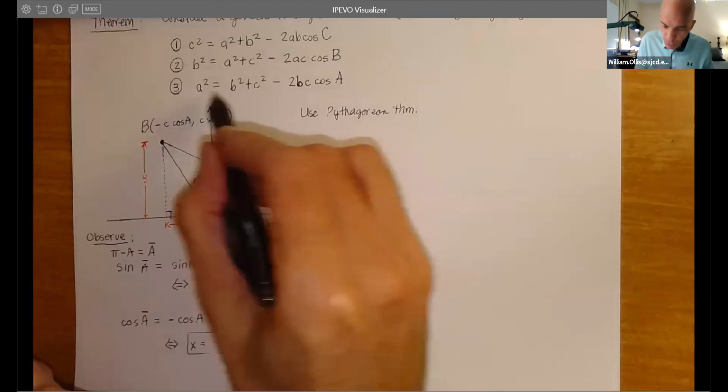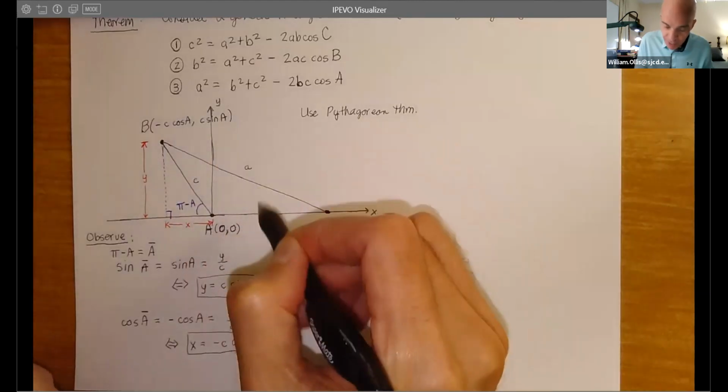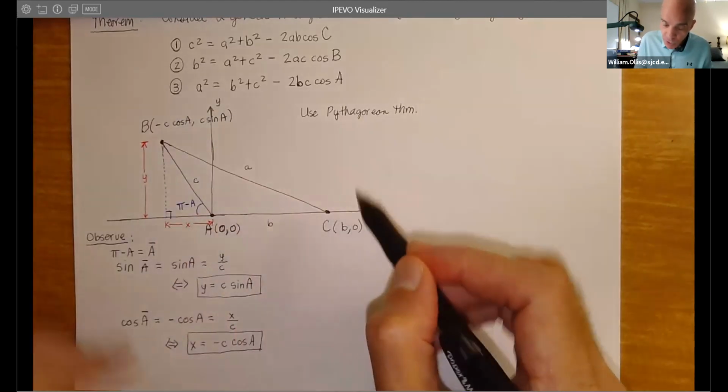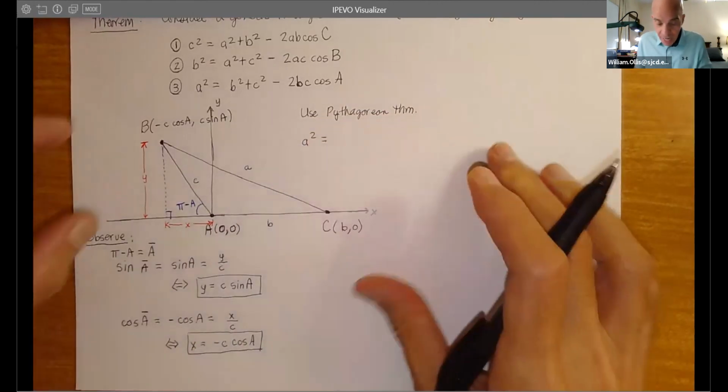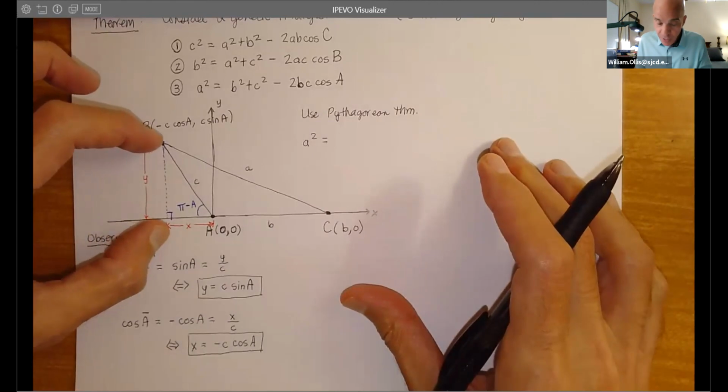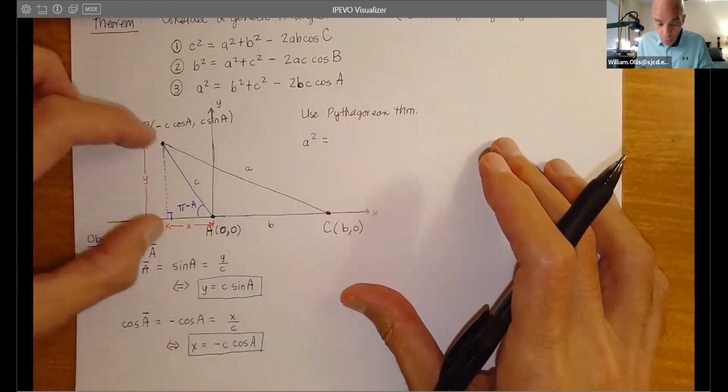Now notice we have a squared. I guess we're going to prove this one since this is the way I've set it up. So here's the hypotenuse, so that's a squared equals. Now we've got this side right here, which we computed.